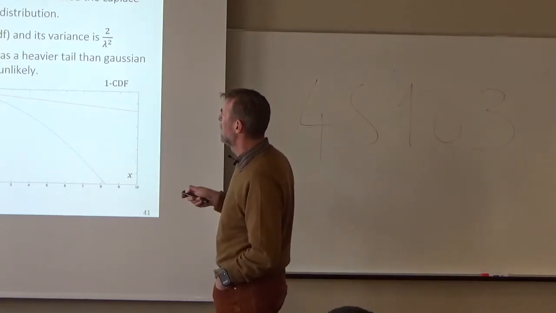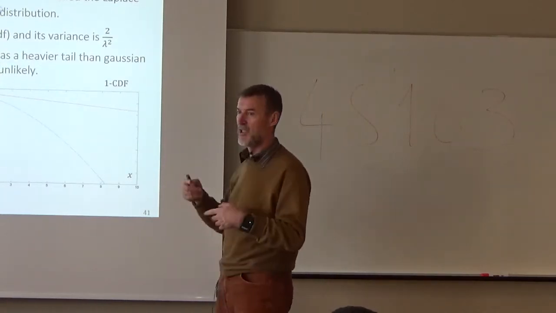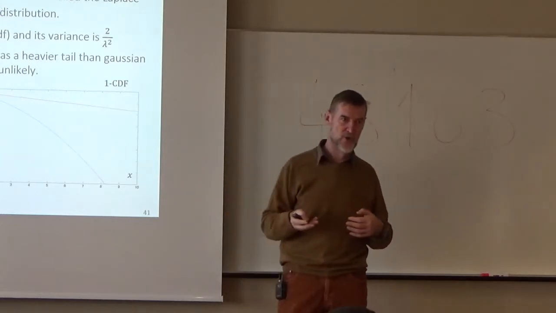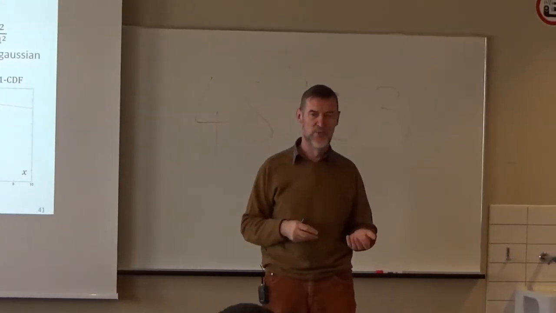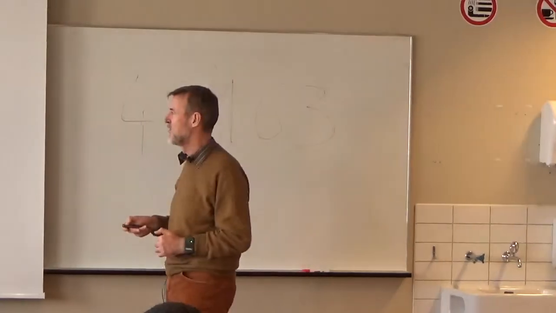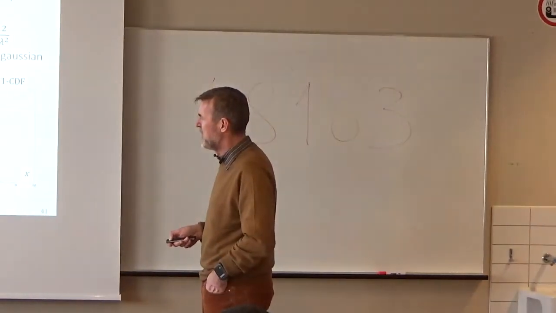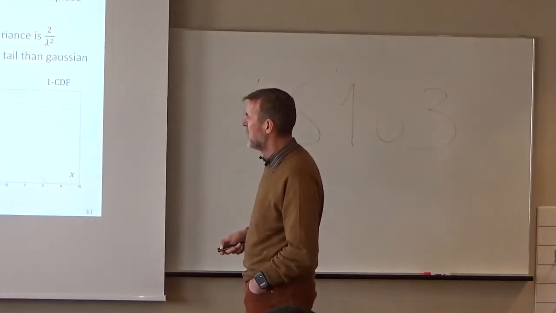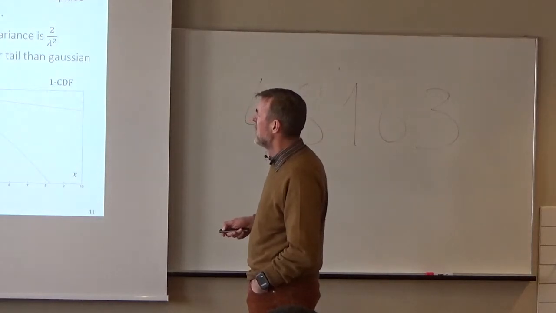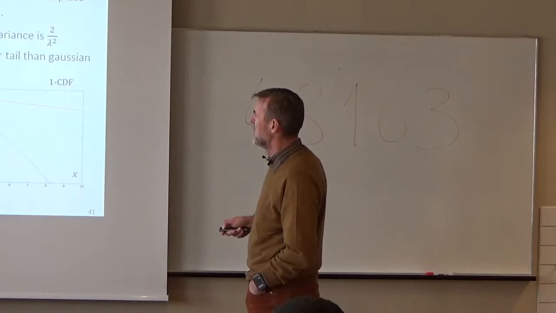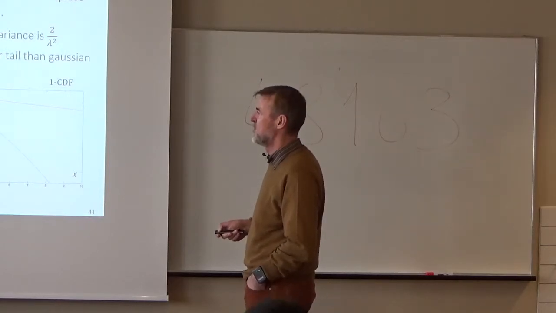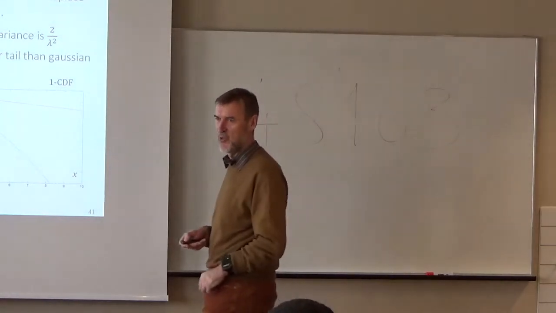So take-home message: the Laplace noise, we can interpret it as exponential noise with equal probability. We put a plus or a minus sign in front of it. And here is the PDF. The PDF is obtained by, in fact, taking the PDF of the exponential distribution and symmetrizing it and dividing by 2 so that the total mass remains 1.